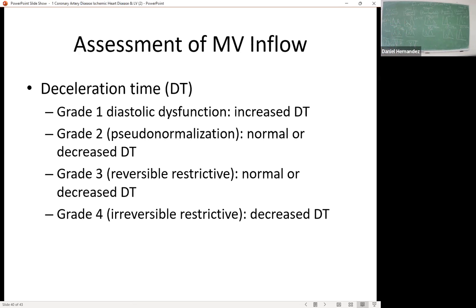This tissue Doppler should mimic your mitral inflow. So with impaired relaxation, we have small E, big A, and our tissue Doppler should be a small E prime and large A prime. But when we compare our ratios, our E to E prime, it's still going to be similar to normal, an E to E prime ratio less than 10.